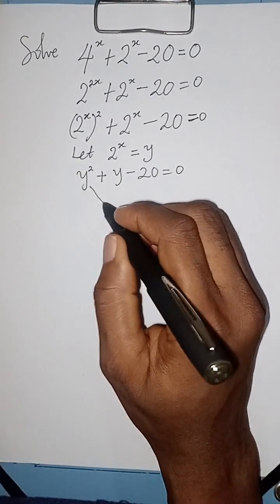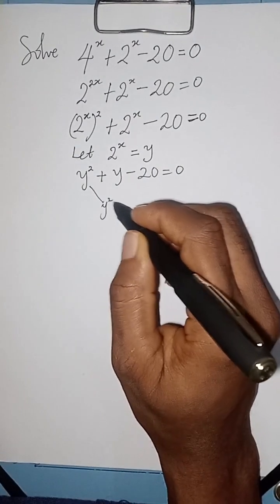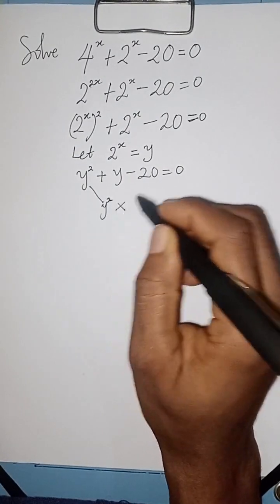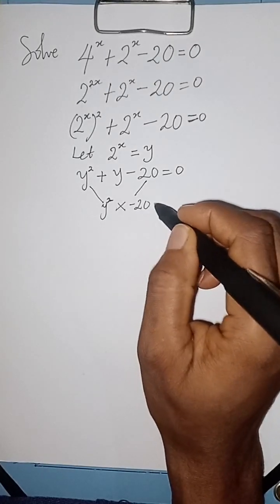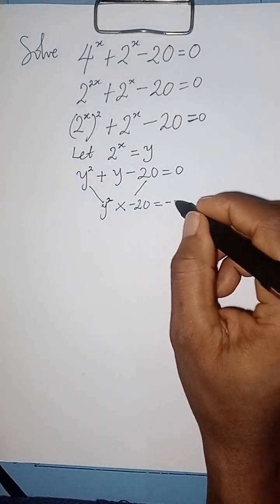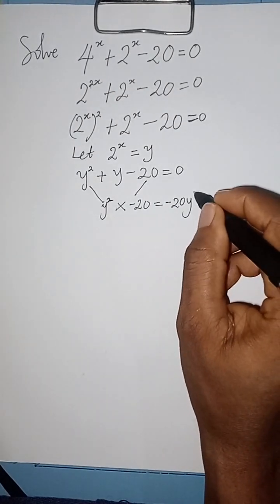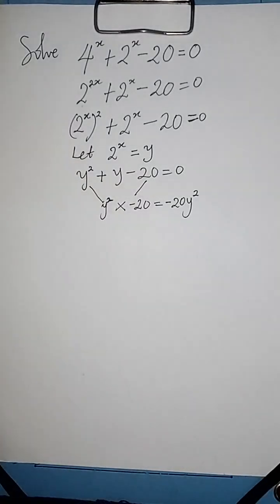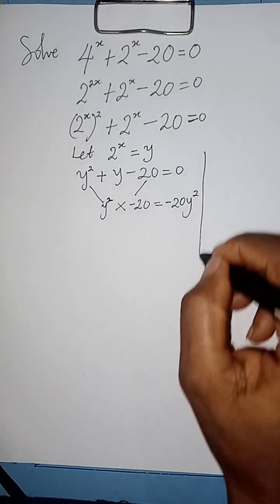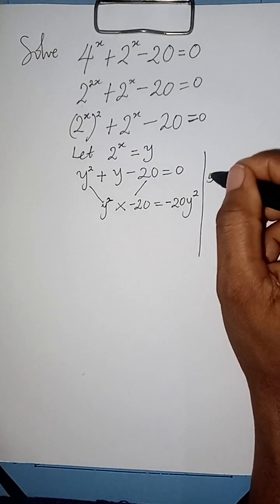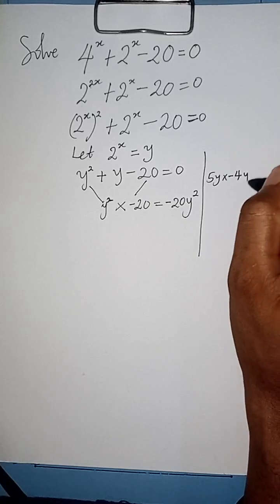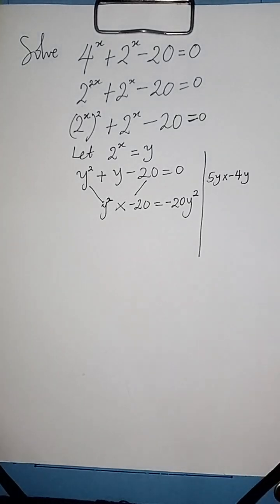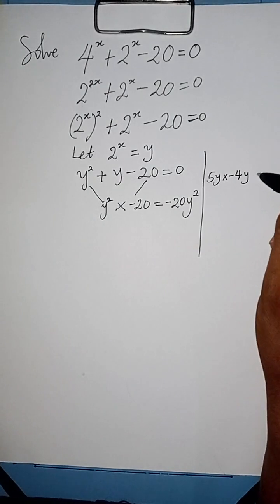You multiply the y squared and the minus 20, so that you're going to have minus 20y squared. You look for two terms that when you multiply them, you get minus 20y squared, and when you add them, you get this middle term.